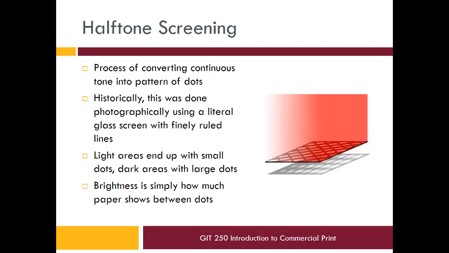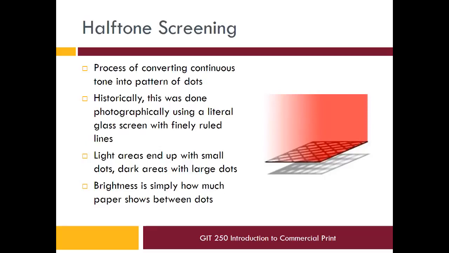When we talk about halftone screen, this is like a lot of things in the design world. The terminology comes from older processes. So at one point, in order to create that series of dots that go on the paper and break that image up from a continuously toned image to a halftone pattern, you had to use a screen.